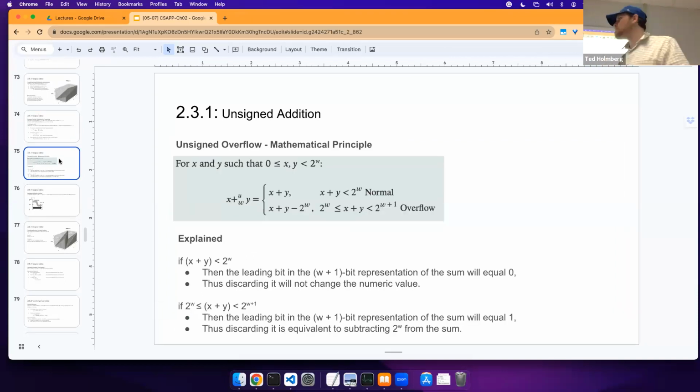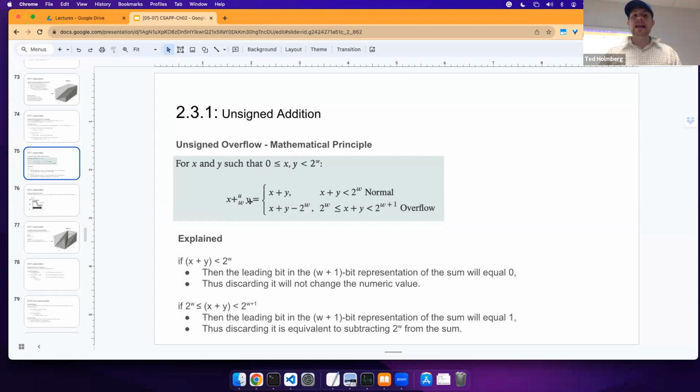Okay, so let's look at the mathematical principle of this, because we're not guaranteed to get any word size inflation. What governs our word size inflation is, suppose given an x and a y that fall between our actual encodable values. So if our w is 4, that would be between 0 and 15.